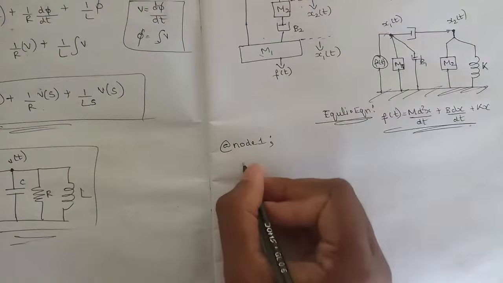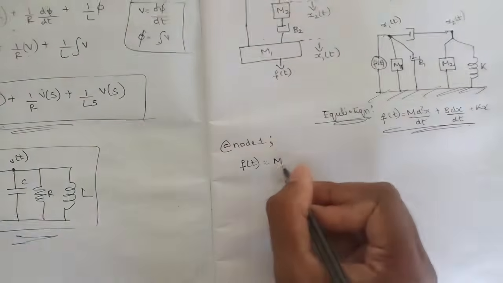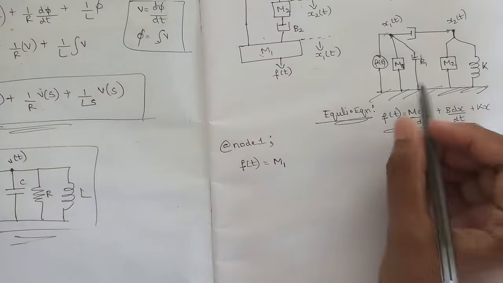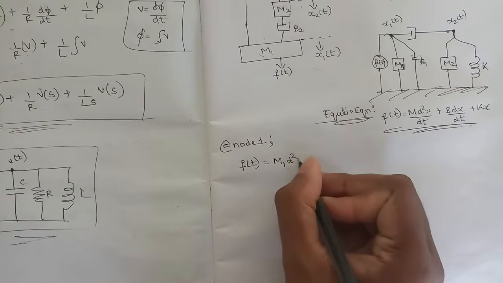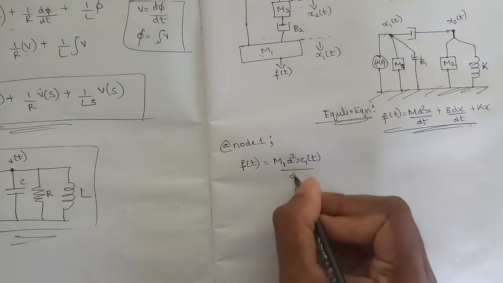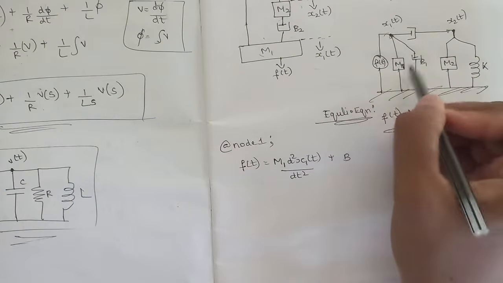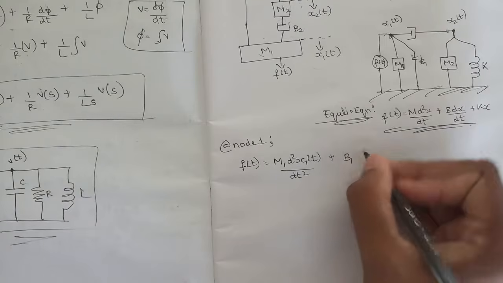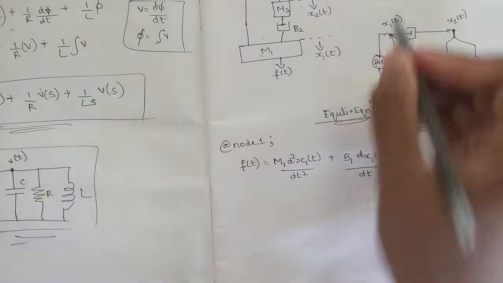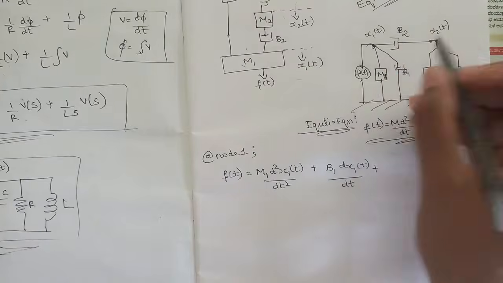We have one force along with that node, so F of t is equal to m, replaced by m1, since we have two masses m1 and m2, so m1 d square x1 of t by dt square, since the displacement is x1 of t, plus b1 dx1 of t by dt, since in the same node we have b1 and the displacement is again x1 of t, plus we have one more component, that is B2.